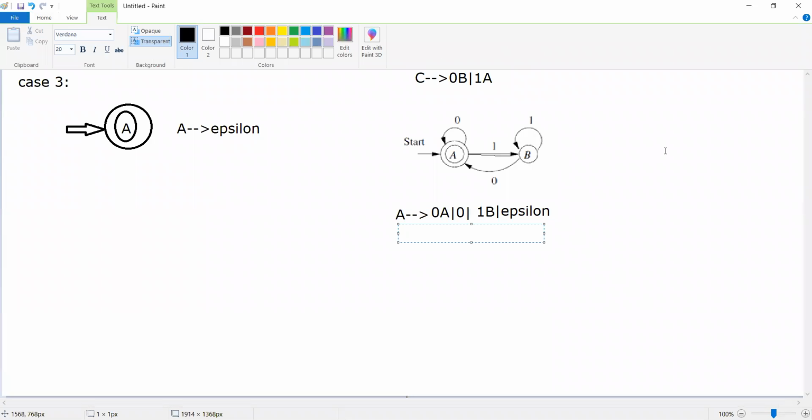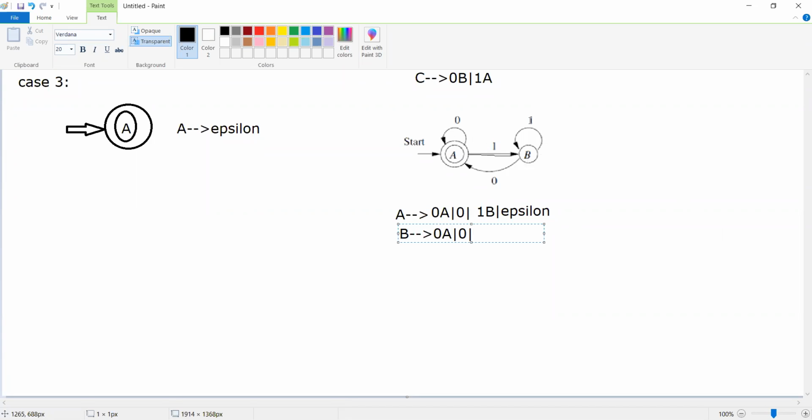Then the next one will be B. Now we are going to write the B productions. What are the B productions? B on 0 goes to A. Please observe, B on 0 goes to A. But we have identified that A is a final state, so the productions will be 0A or 0.